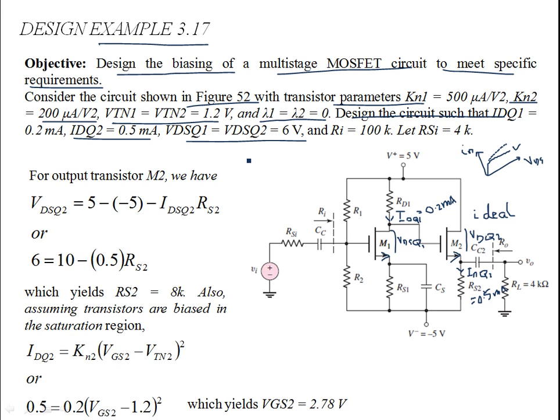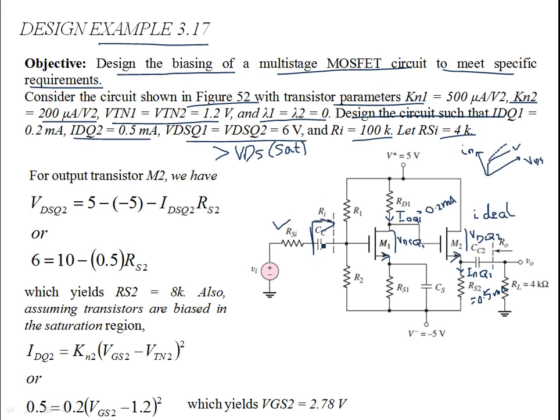In order for both MOSFETs to be in the saturation region, we expect that VDSQ1 and VDSQ2 are greater than the VDS saturation point. I mean, it has to cross the transition point from non-saturation to saturation. Similarly, the input resistance is given as 100K, and the source resistance RSI is given as 4K.